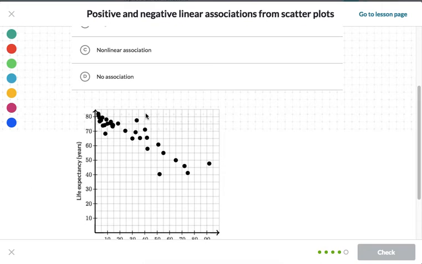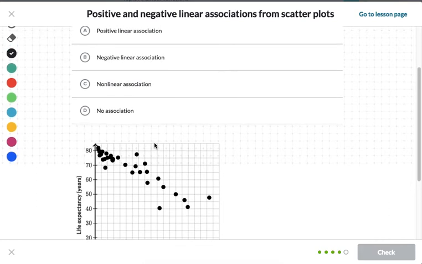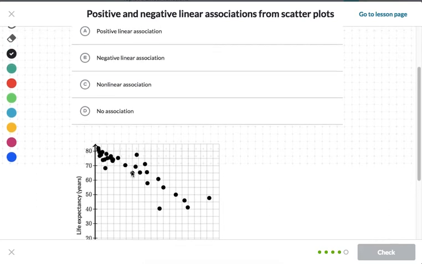And if you put this data into boxes, the boxes are moving in a particular linear direction. So this here is what we would call a linear association. And because that general direction of the data is trending downwards, we're going to call that a negative linear association.